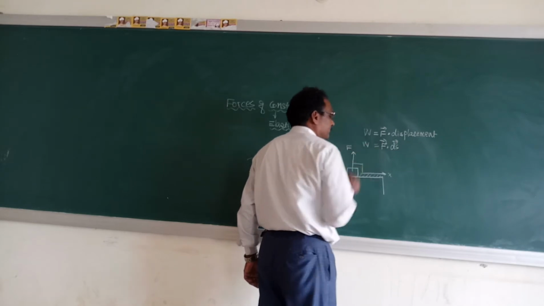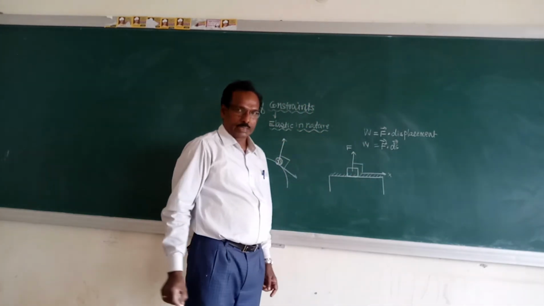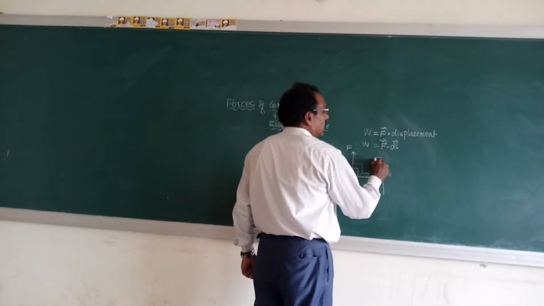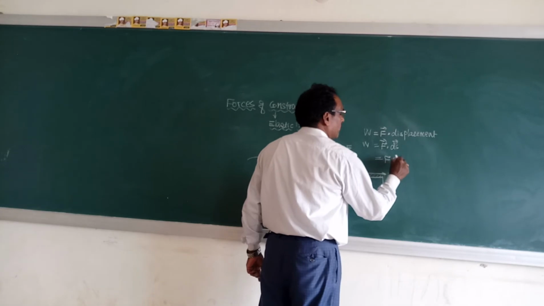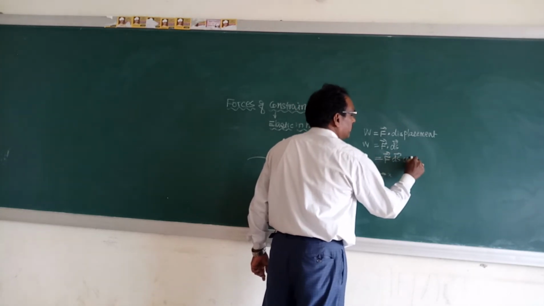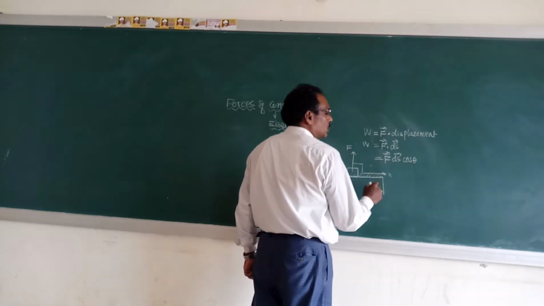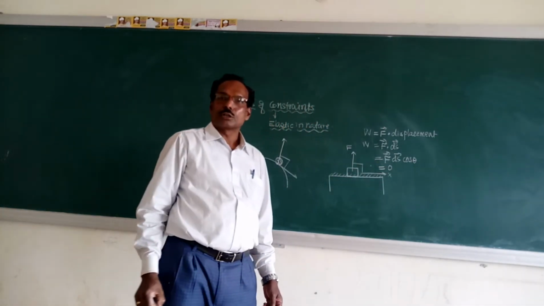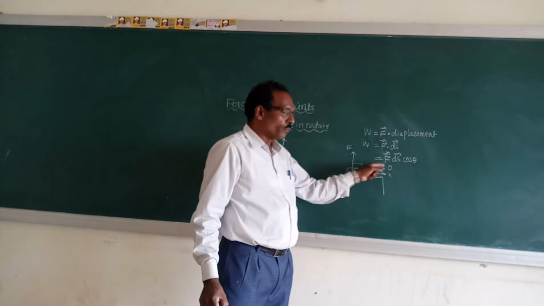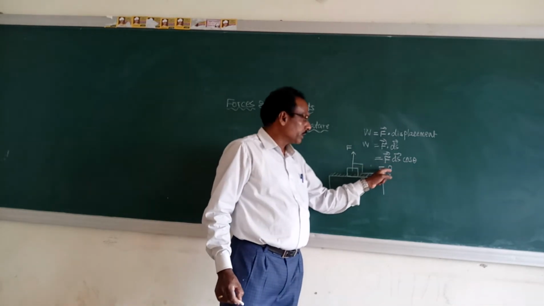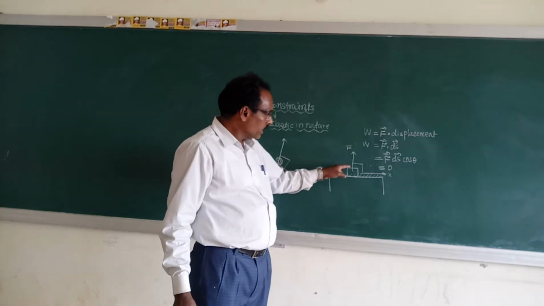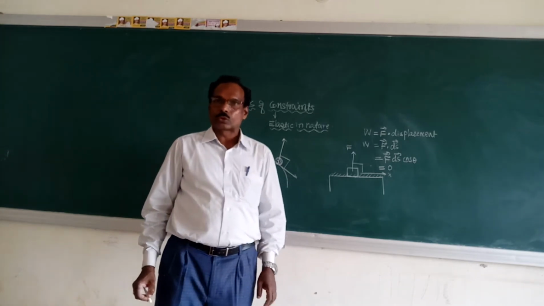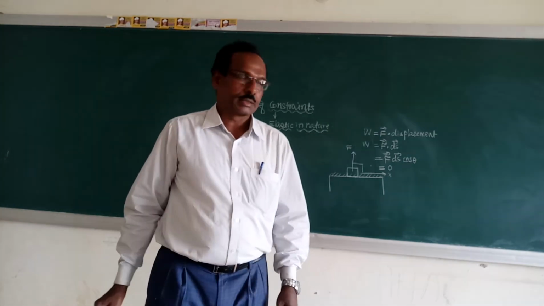Because they are perpendicular, the component is F ds cos theta, and theta is 90 degrees. Cos of 90 is 0, and therefore work done is 0. So in this case, this constraint force doesn't do any work.